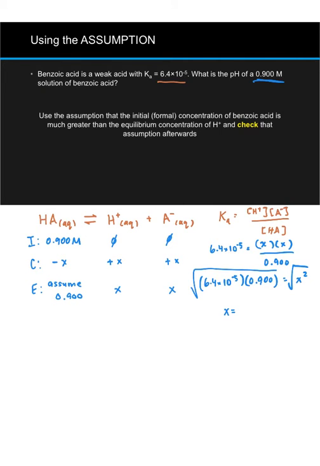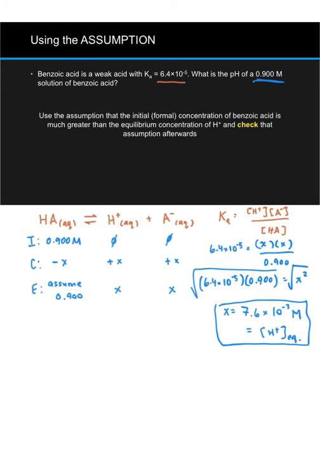Eventually, we find that X is equal to 7.59 times 10 to the minus 3, effectively 7.6 times 10 to the minus 3 molar. This is the concentration of H plus at equilibrium.